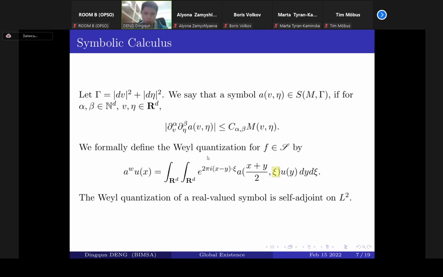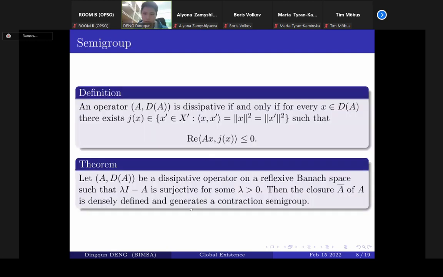Next, it comes to semigroups. We will use some very basic theorems from strongly continuous semigroups. We call the operator A dissipative if and only if for any x in the domain of A, there is some element Jx such that the real part of Ax paired with Jx is smaller than 0.